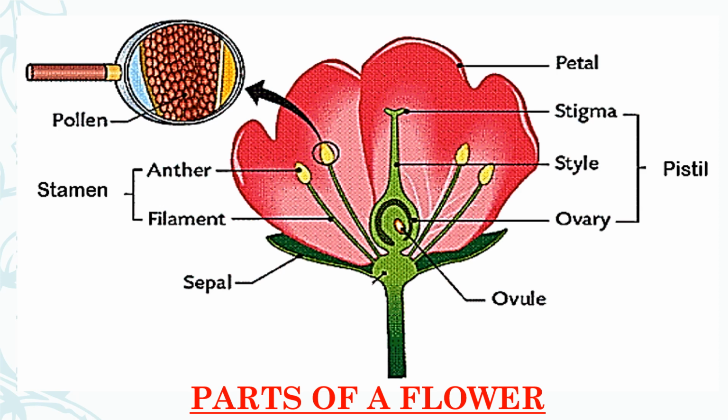Pistil is the female reproductive part of a plant which consists of stigma, style and ovary. And anther contains pollen and ovary contains ovule. When the pollens reach the ovules, then slowly the flower starts converting into a fruit.